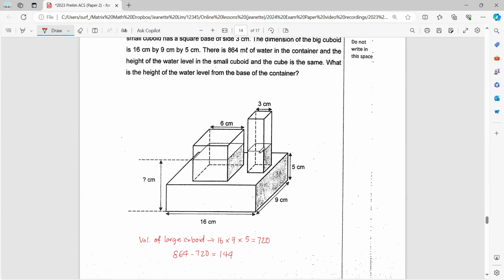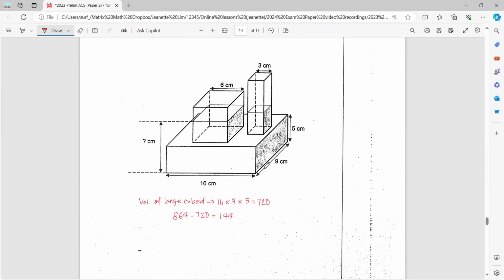Let's find the combined base area. Okay, because volume divided by the base area can give us the height. So the combined base area is cube is 6 times 6, right? Base area. And this is also a square.